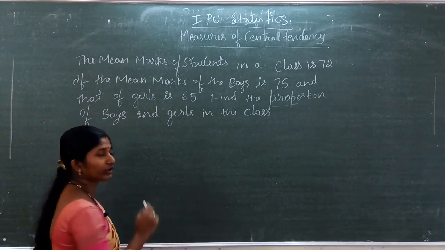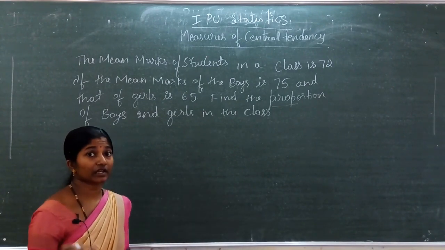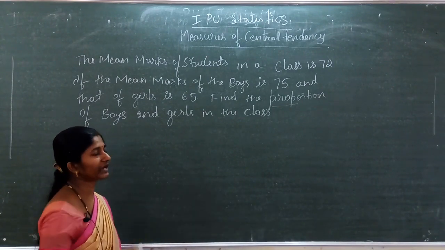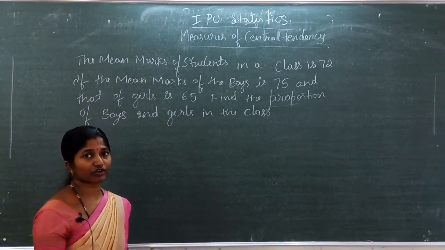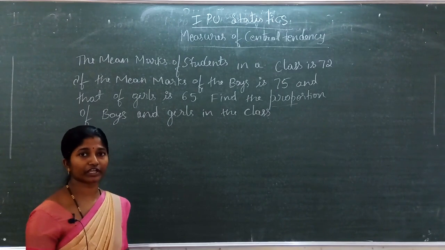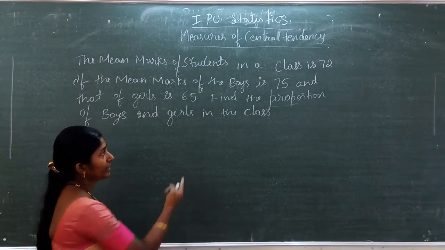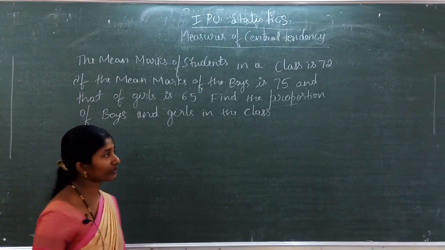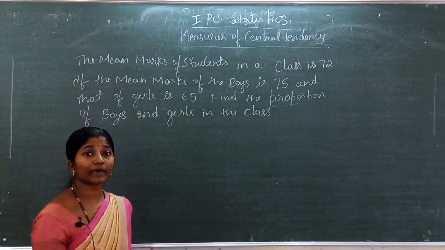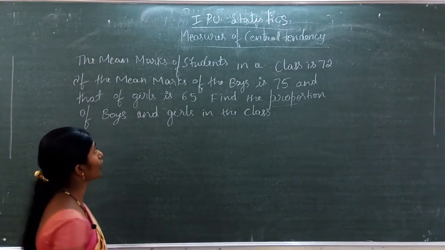Proportion means you have to do it this way. In the last class, the last problem I did by taking a percentage. If they ask to find the percentage of boys or girls, you should take n1 plus n2 equal to 100. Here you can choose n1 plus n2 equal to 1, or otherwise we can use the combined arithmetic mean as it is a problem.